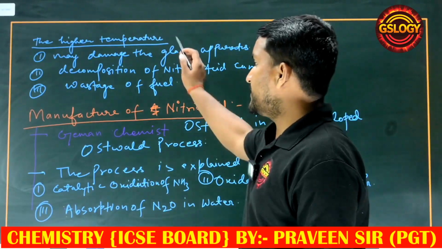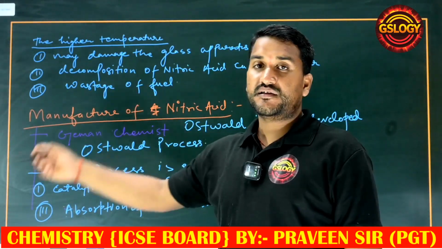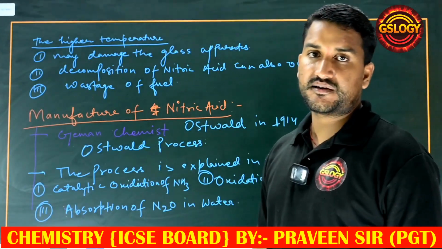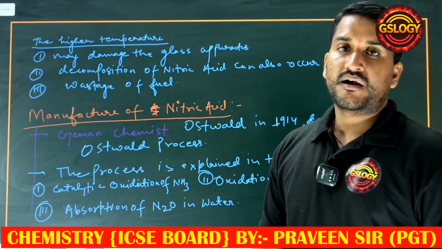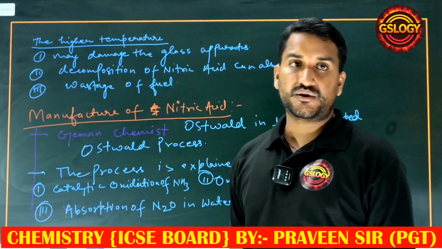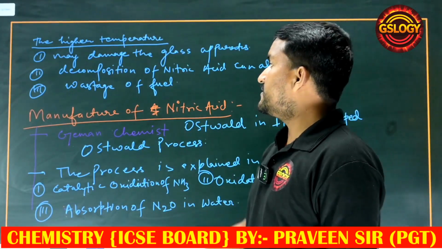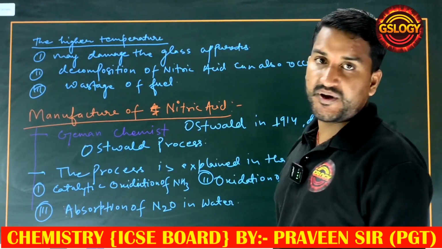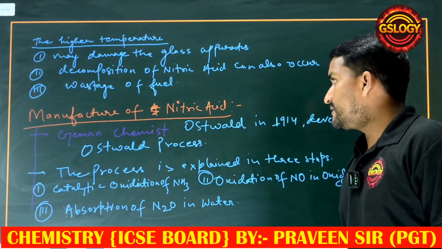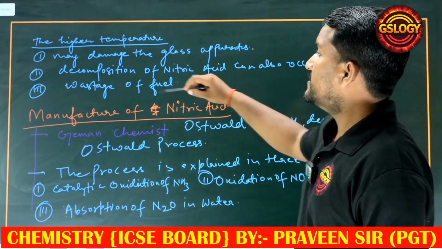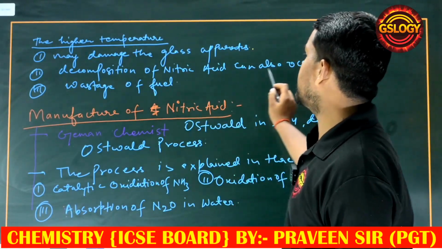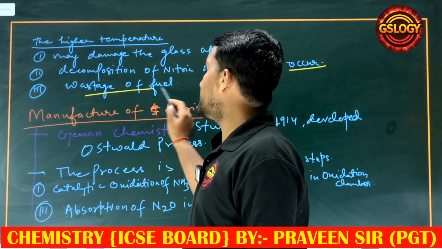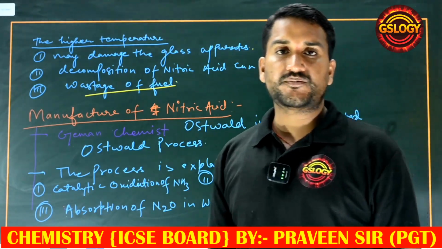If this reaction occurs at a higher temperature, more than 200 degrees Celsius, then it may damage the glass apparatus. Decomposition of nitric acid can also occur, and there is wastage of fuel.